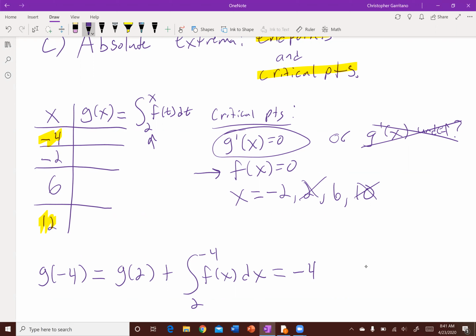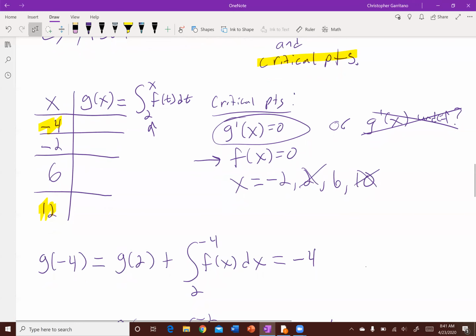Typically, when we find the value of a function like g by integrating a rate, we do so by taking some starting point and then adding to it this integral, which of course, remember, represents the net change in, in this case, g, right? Because f is really g prime of x.